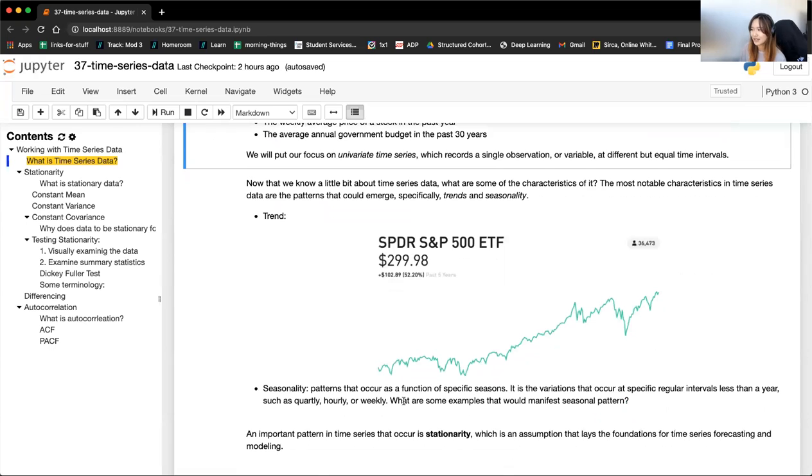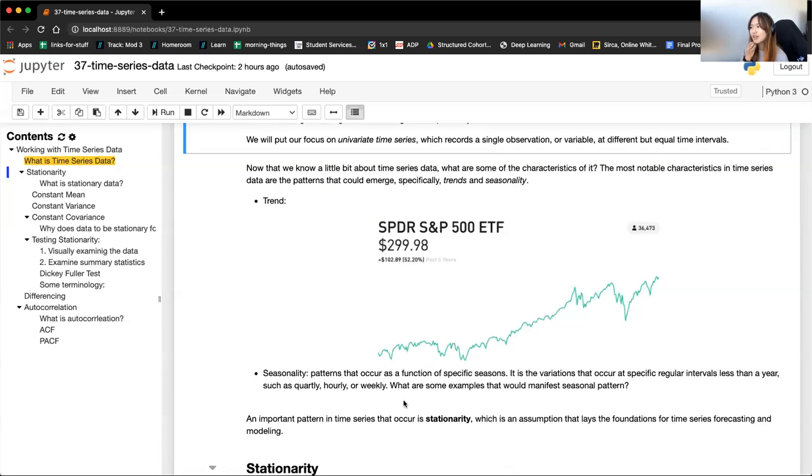And seasonality is basically patterns that occur as a function of specific seasons. Are the variations quarterly, hourly, weekly? These are usually characterized by repeating patterns in a line graph or in a scatter plot, depending on how you plot your data. The time frame of your seasonality is something that you also have to take note of.